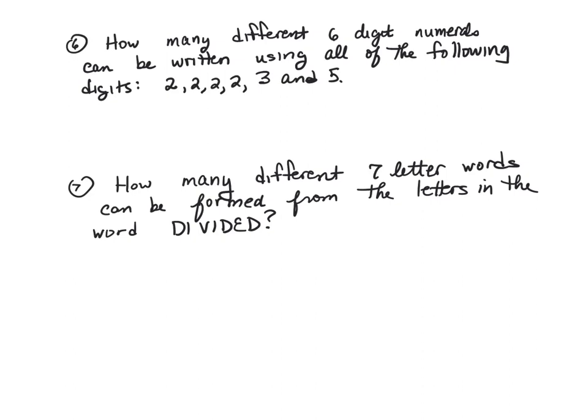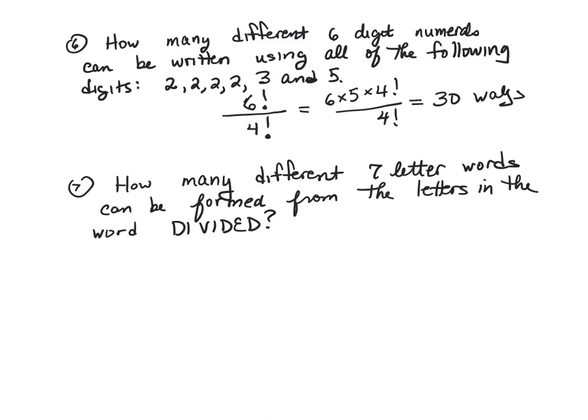So we have 6 digits, a 6-digit numeral. So if we had 6 different numbers, there'd be 6 factorial ways to arrange them. But because we have 4 repeating 2's, we divide it by 4 factorial. So the answer would be 6 times 5 times 4 factorial over 4 factorial, and the answer is 30 ways.